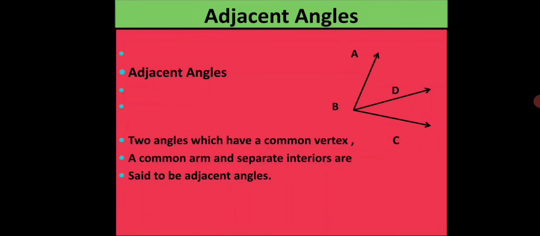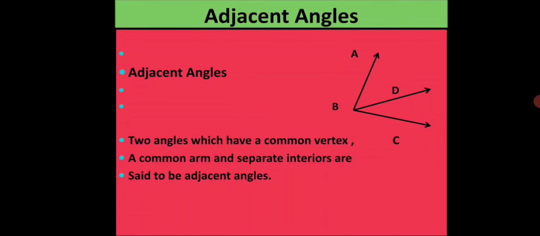Now, the interiors of these angles do not have a single common point. They may be said to be neighboring angles. As we can see in the figure alongside, angle ABD and angle DBC are both neighboring angles. Such angles are called adjacent angles.